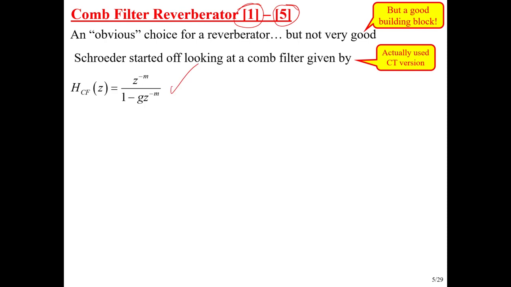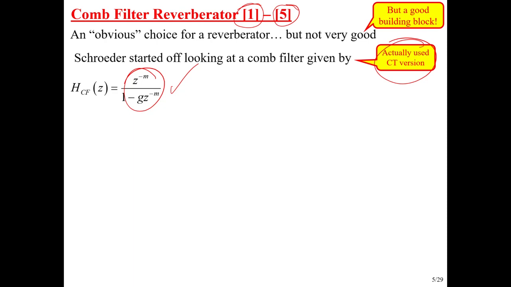Okay. So Schroeder started off just looking at this classic comb filter, and this is the transfer function. Now, like I said, if you go look at Schroeder's paper, you won't see Z's. You'll see things that are couched more in a continuous time version that is mimicking what a discrete time system would do. So in 1961, this was very early in digital signal processing theory being developed.